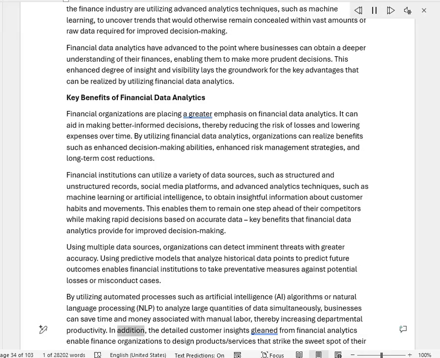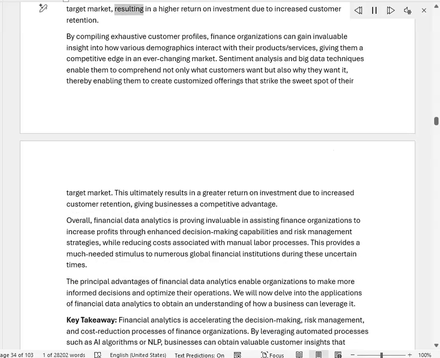In addition, the detailed customer insights gleaned from financial analytics enable finance organizations to design products/services that strike the sweet spot of their target market, resulting in a higher return on investment due to increased customer retention. By compiling exhaustive customer profiles, finance organizations can gain invaluable insight into how various demographics interact with their products/services, giving them a competitive edge in an ever-changing market.